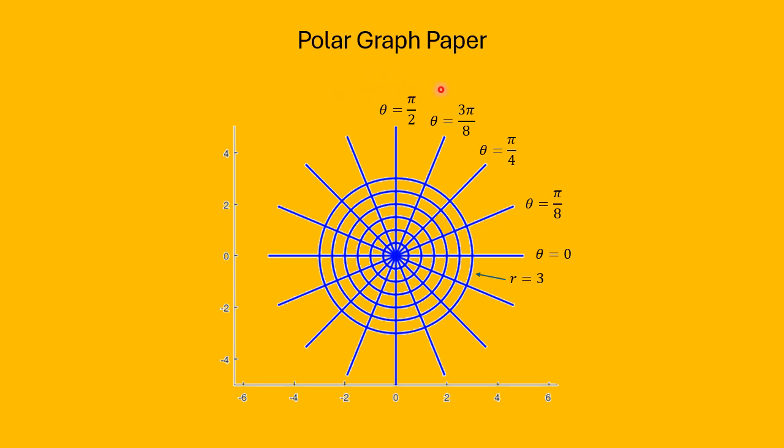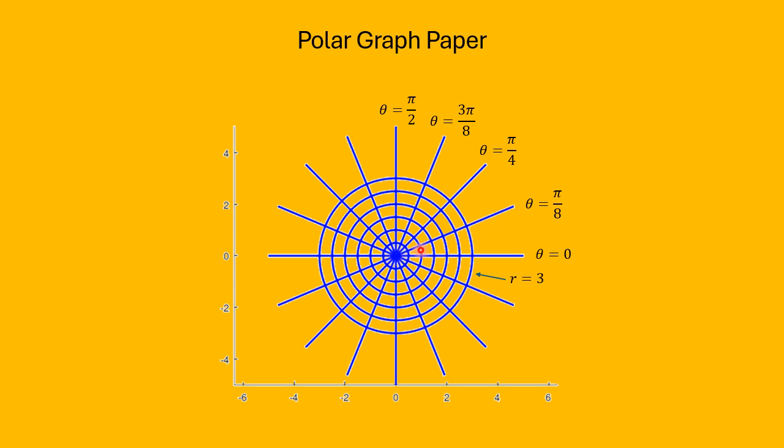Here is an example of what we can call polar graph paper, a piece of paper for graphing curves that are expressed in polar coordinates. Right at the center of this polar graph paper is the origin. From the origin, we have lines radiating outward, I guess maybe rays radiating outward.